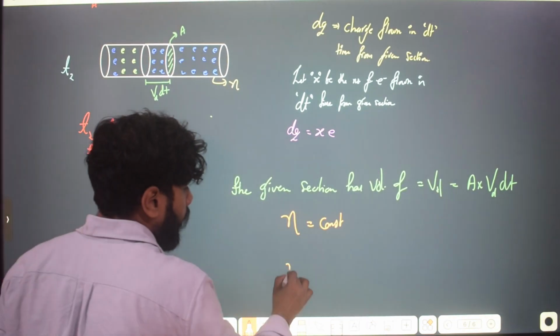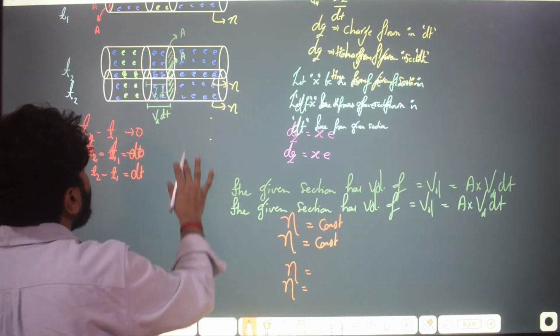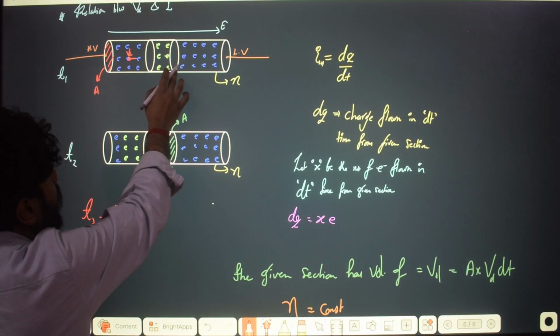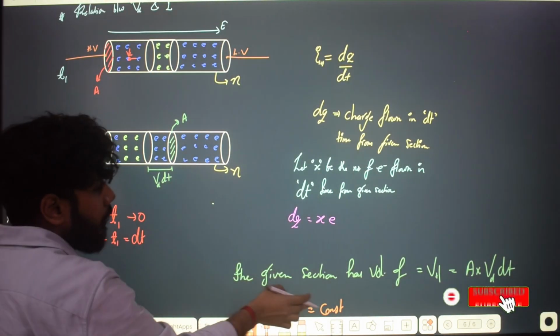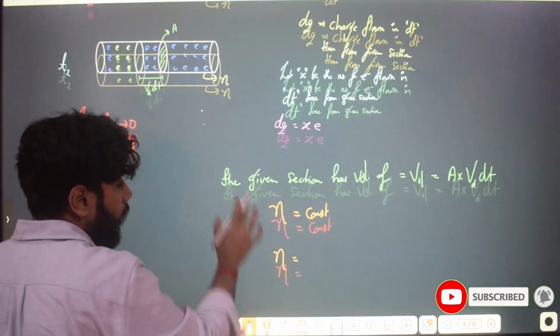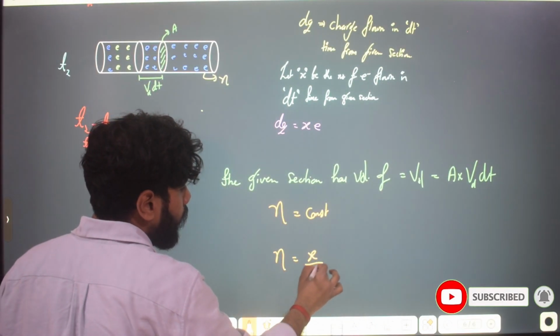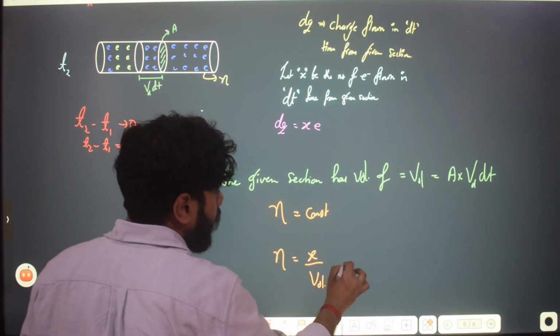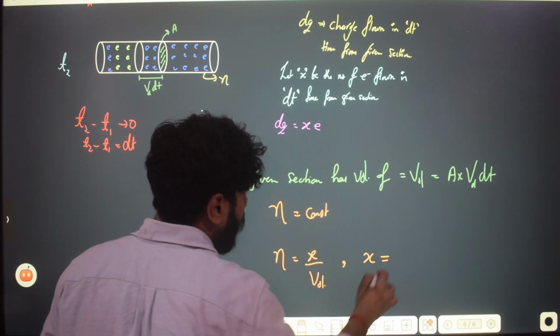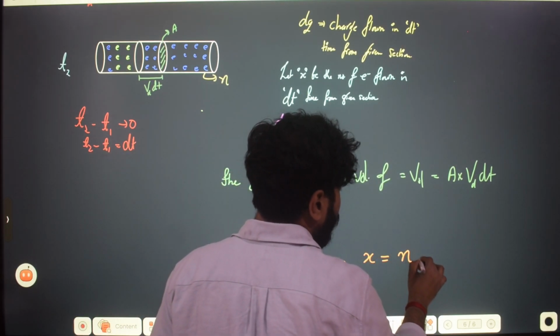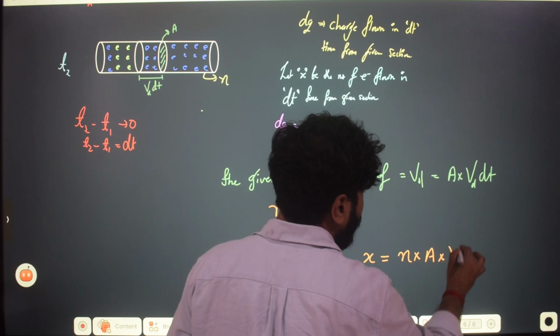That means the number of electrons which has flown from the given section in dt time, we have already said to be x. So I can write n will be x over volume, right? So x will be just n times the volume, which is A times Vd dt.